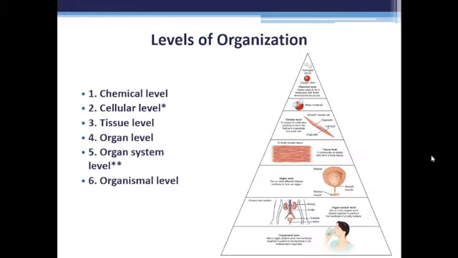Okay, next. We have here the levels of organization. This is kind of a pyramid, starting from the very smallest to the very greatest, I guess. The first is the cellular level, the smallest unit of life, and it varies widely in size and shape according to the cell's functions.